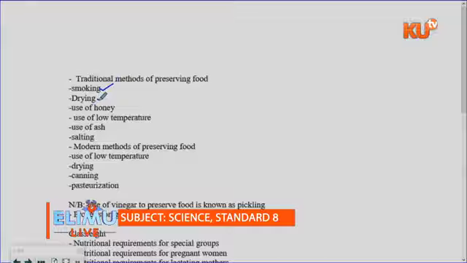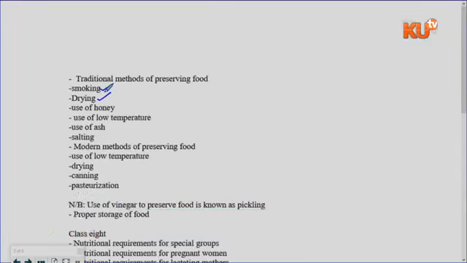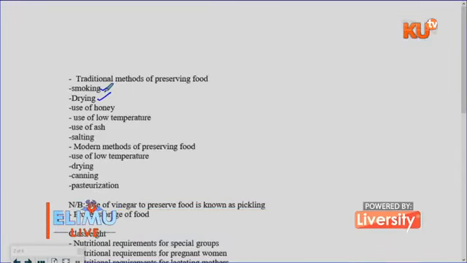We have 2, drying. Smoking, as we learned in class 6, is a method of preserving food, and it preserves food by dehydration. Smoke has a natural chemical. If they ask the traditional method of preserving food that has a natural chemical, we go for smoking.